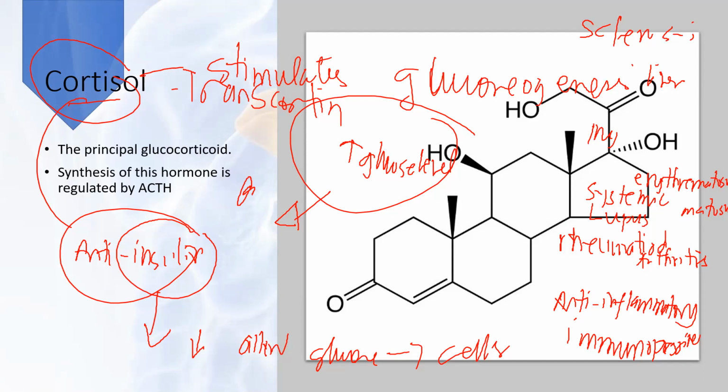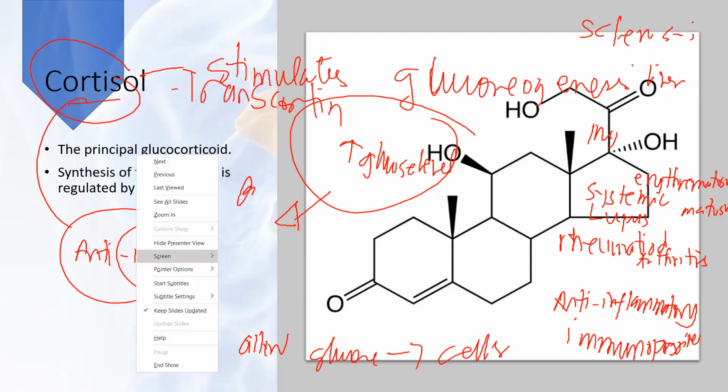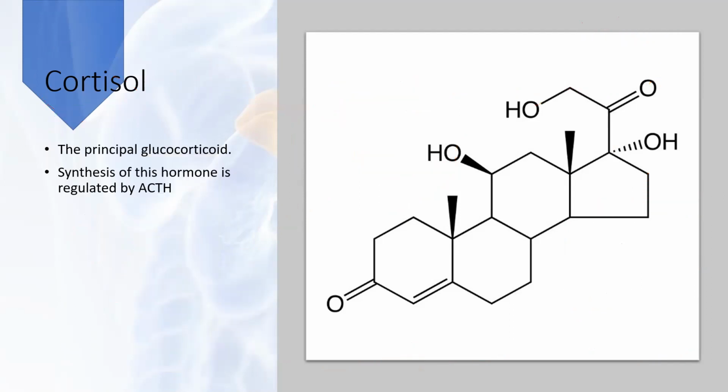Remember also that the major action or the major role of cortisol is the enhancement of glucose production from proteins and amino acids.